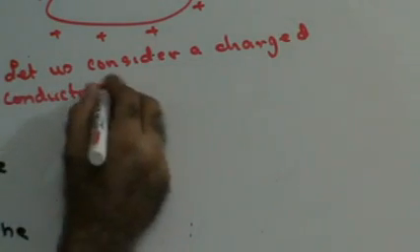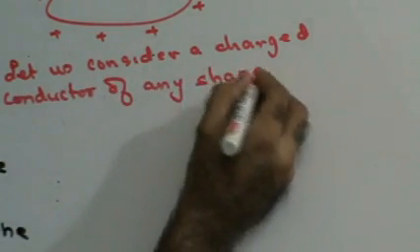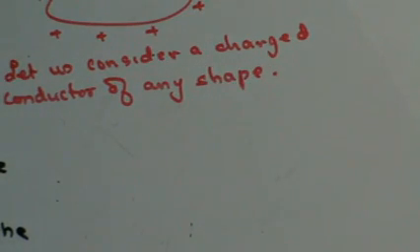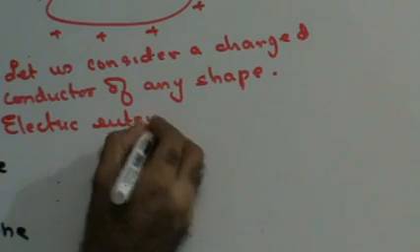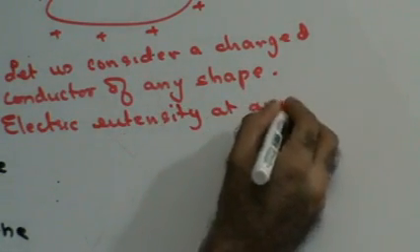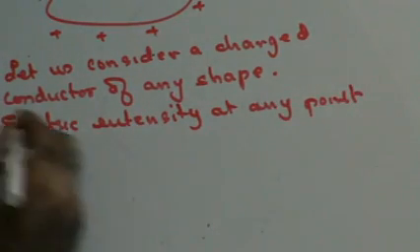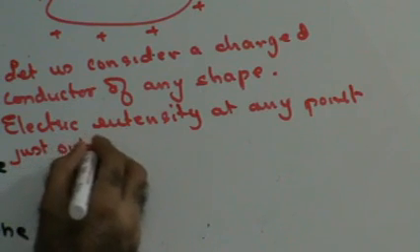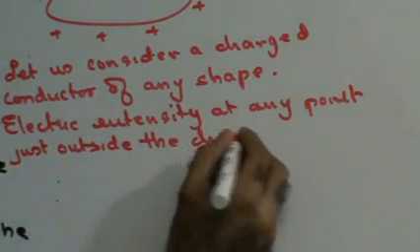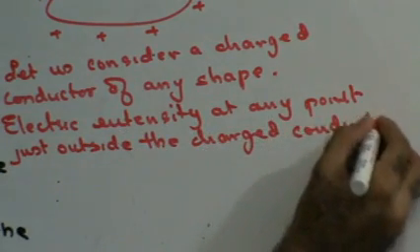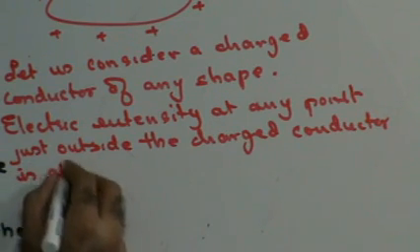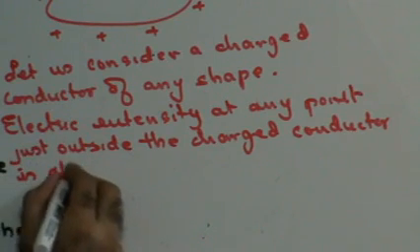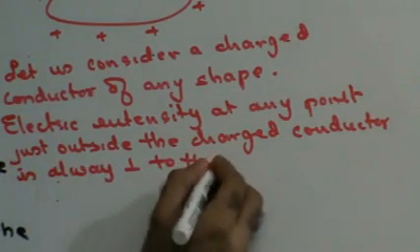Now, the electric intensity at any point just outside the charged conductor is always perpendicular to the surface.